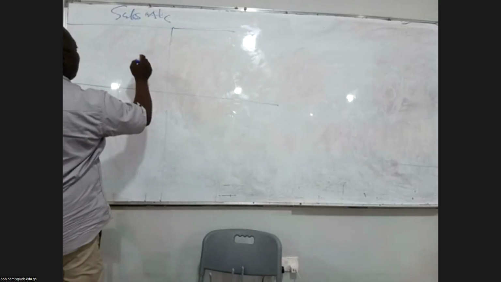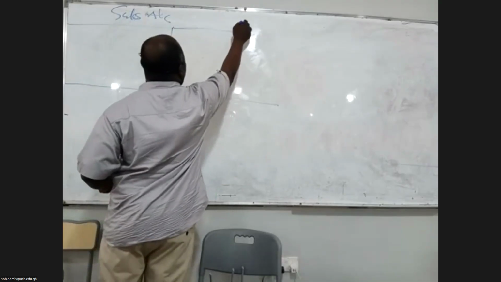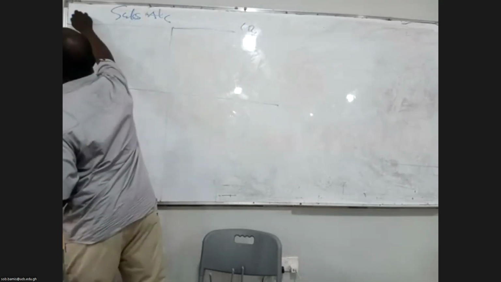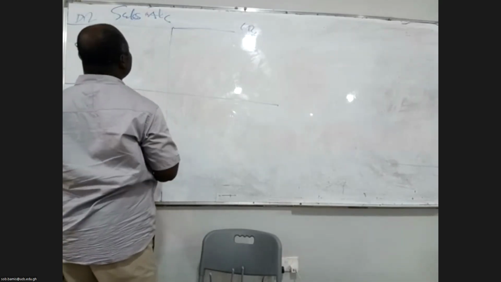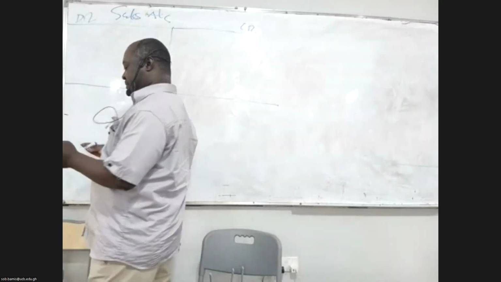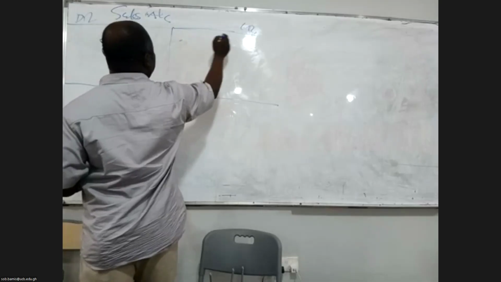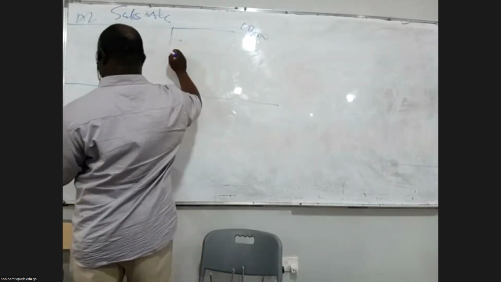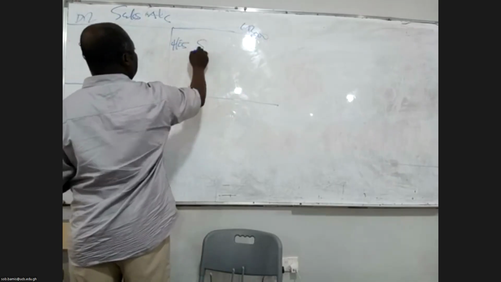The account of our credit customers. So this is our credit and this is our debit. Good. Now the sales account, what's the date? On the 4th of May.